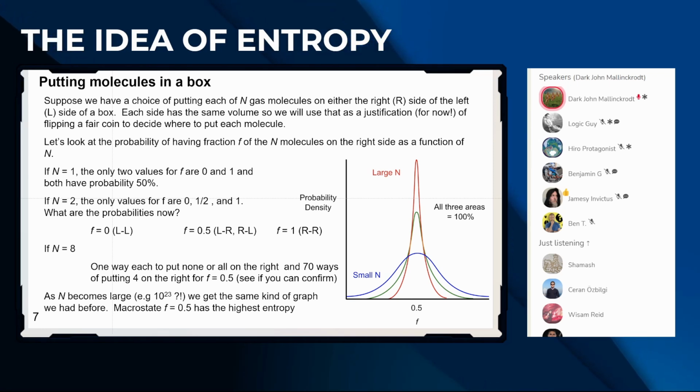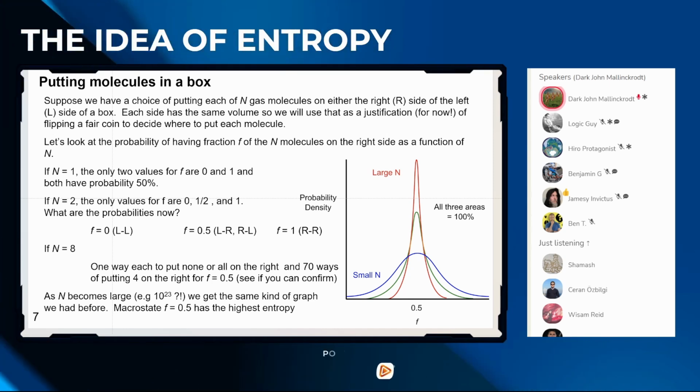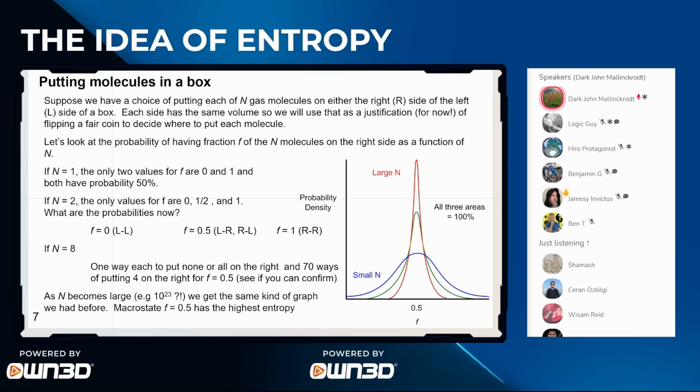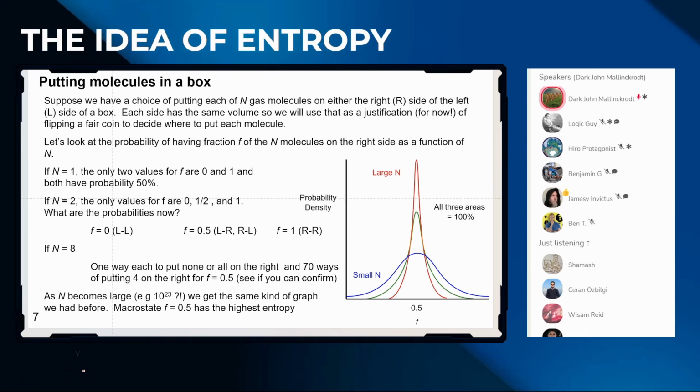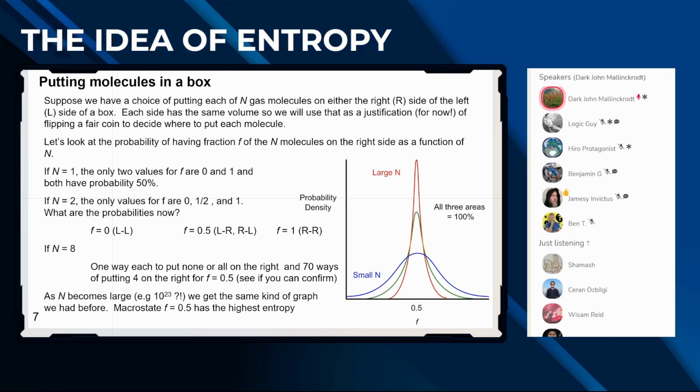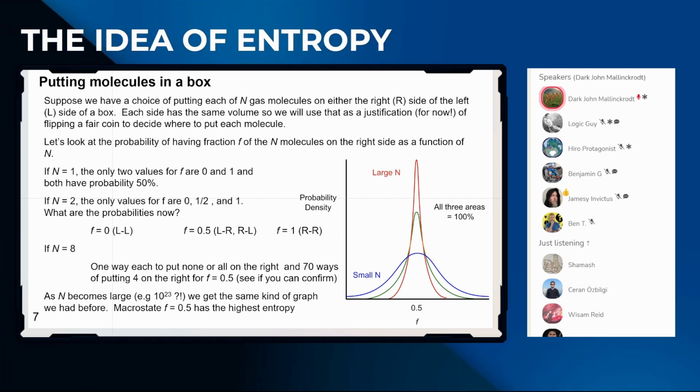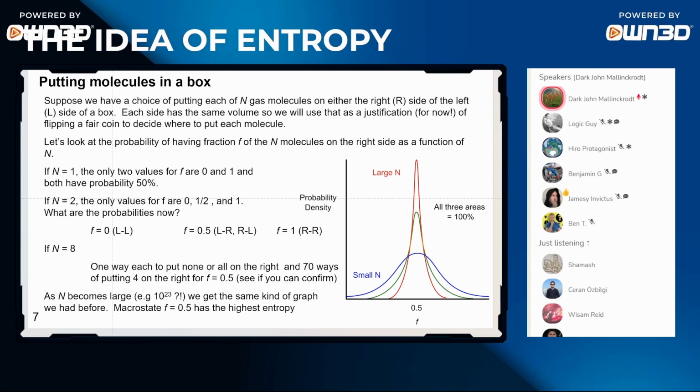You could take me up on that bet and sit there and watch it with a reliable video recorder, because I wouldn't want to bet my life on something that wasn't proven to me. But I would feel absolutely confident in betting my life on the fact that you will never see all 10 to the 23rd molecules on the right.